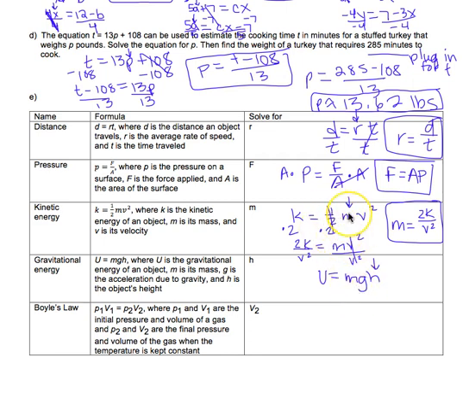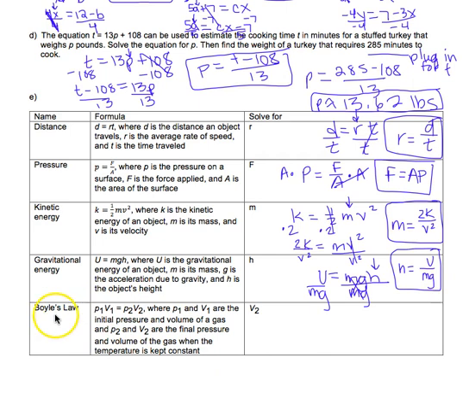Unlike in the one above, because these are the same operation, I can get rid of them at the same time. So I can simply divide by both simultaneously. That'll get my h alone, so h equals U divided by mg.